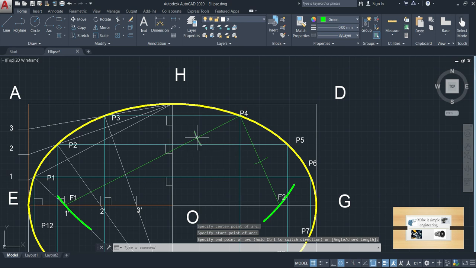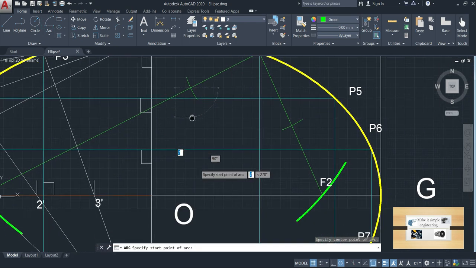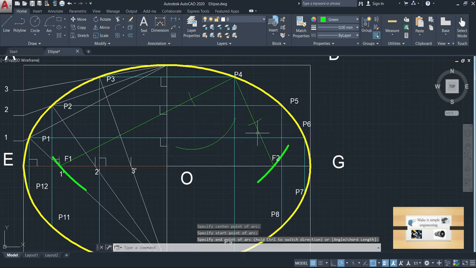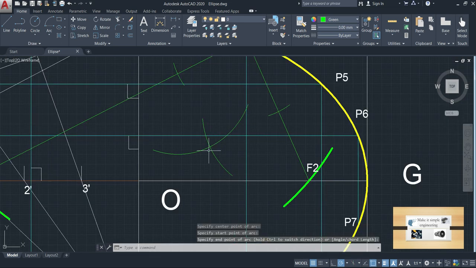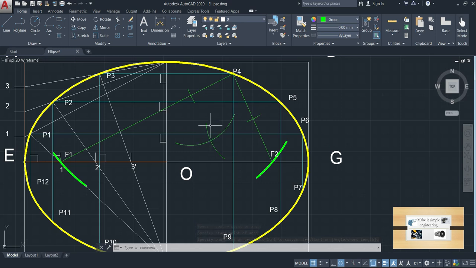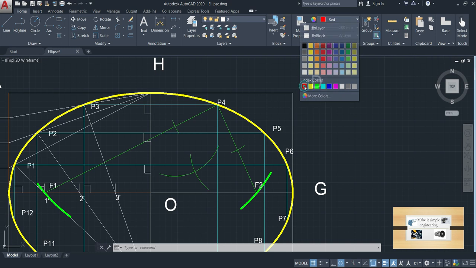Then I will get two intersections. With the same 20 mm radius, I'm going to draw another two arcs here also. Then here there is an intersection. From this intersection to P4, I can draw the required normal.